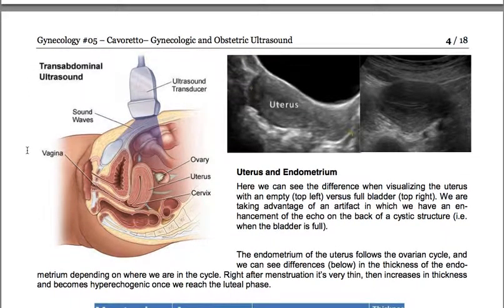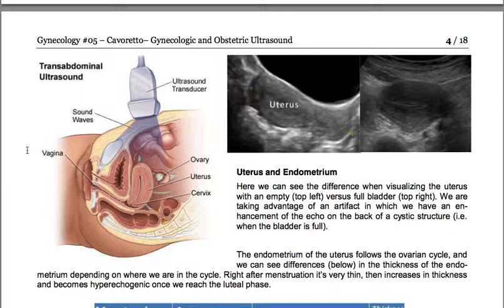Uterus and endometrium. Here we can see the difference when visualizing the uterus with an empty versus full bladder. We are taking advantage of an artifact in which we have an enhancement of the echo on the back of the cystic structure, that is, when the bladder is full. The endometrium of the uterus follows the ovarian cycle, and we can see differences in the thickness of the endometrium depending on where we are in the cycle.